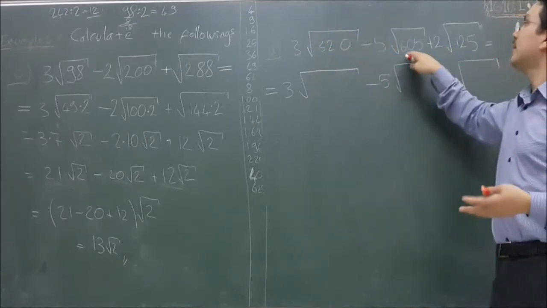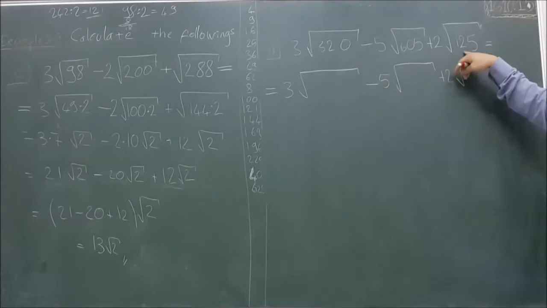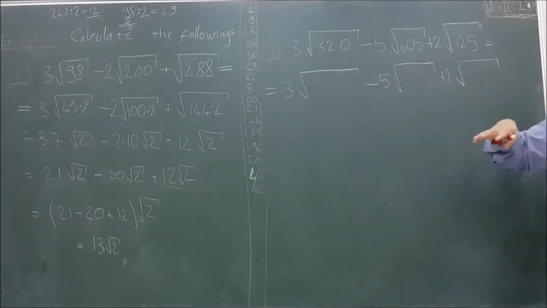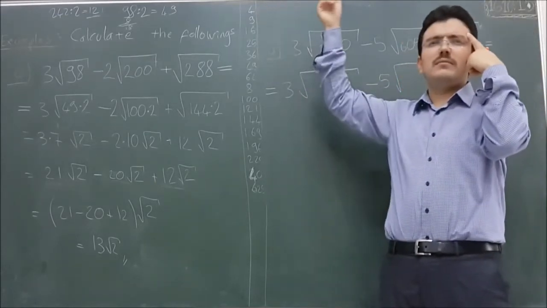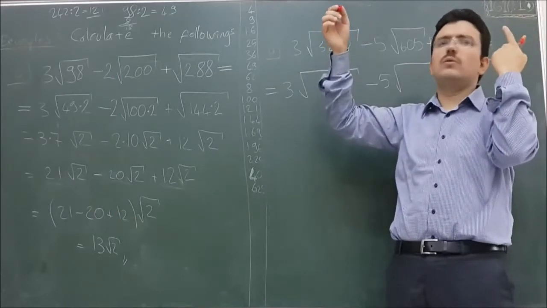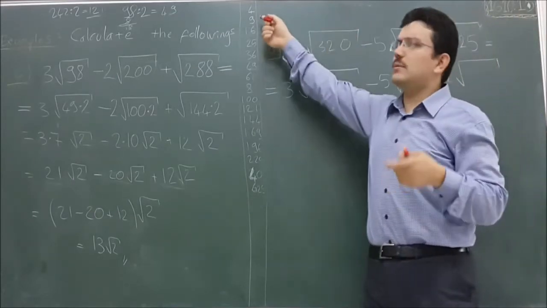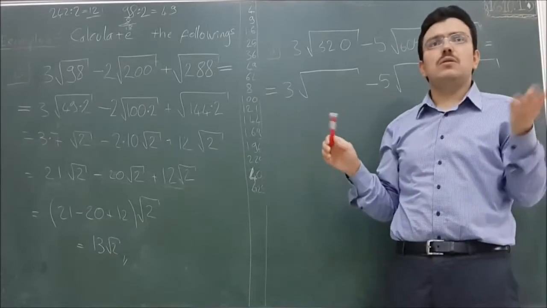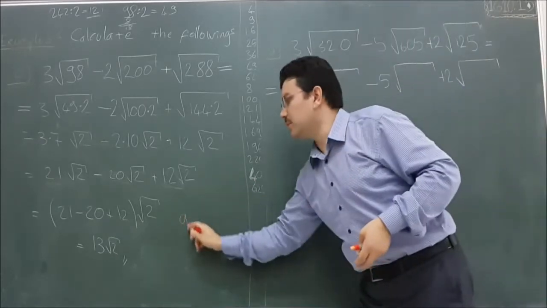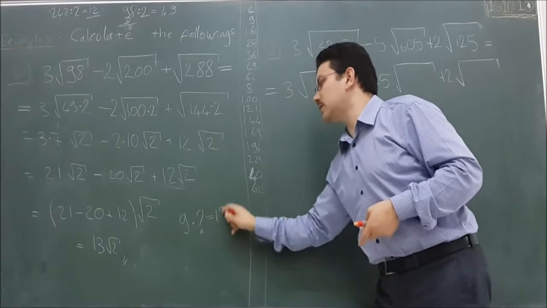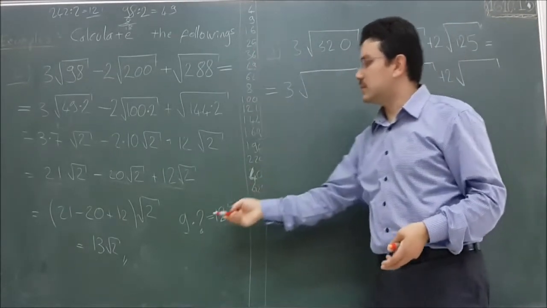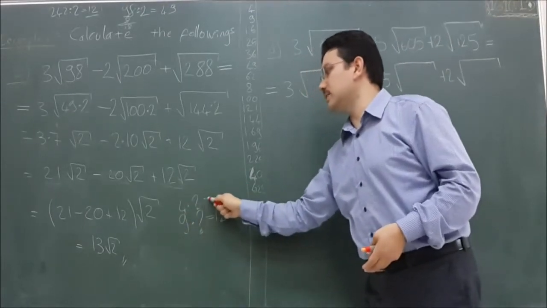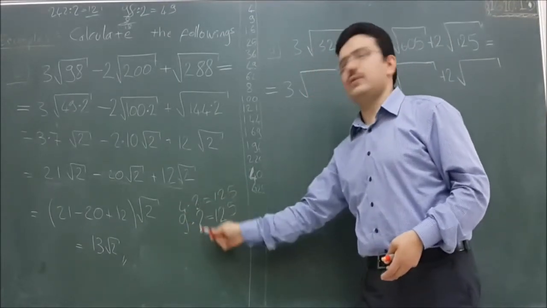Out of 125, 4 times something, no, we can't do it. 9 times something, no. Can we find a number? 9 times what makes 125? We are looking for that. Or 4 times what makes 125? We are looking for these.